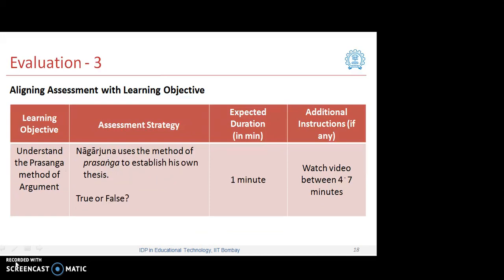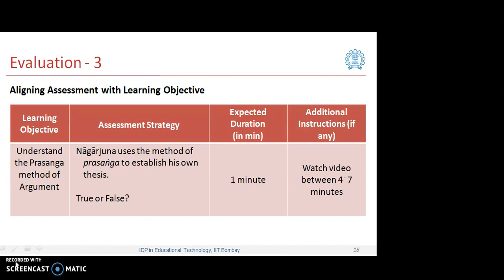Now consider the statement, that Nagarjuna uses the method of Prasanga to establish his own thesis, whether it is a true statement or false. So we have seen that Nagarjuna doesn't offer any position of his own. So the Siddhanta Paksha is missing, in fact, in the whole process of argumentation, and it intends to show that any position whatsoever involves contradiction.